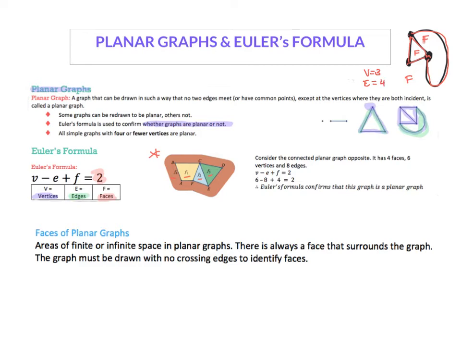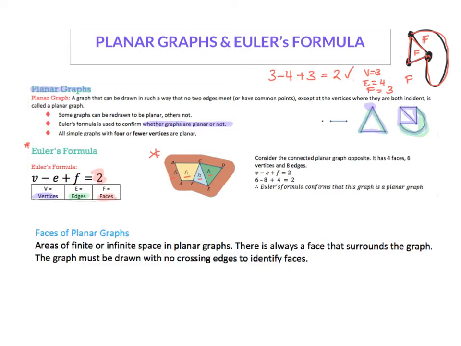And faces, I had 3. So his formula would be 3 minus 4 plus 3. Does that equal 2? It does, doesn't it? Because minus 1 plus 3 is 2. So it does work. That is Euler's formula, which we can use to solve problems.